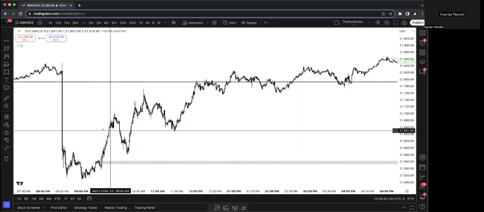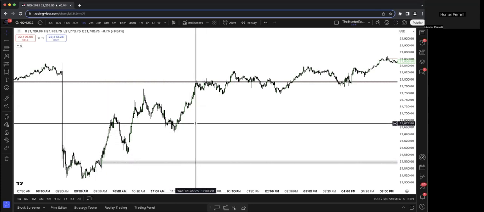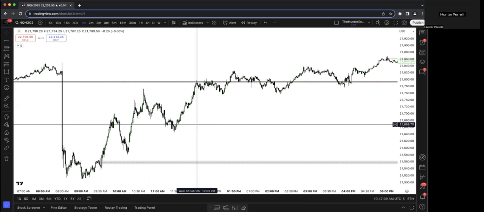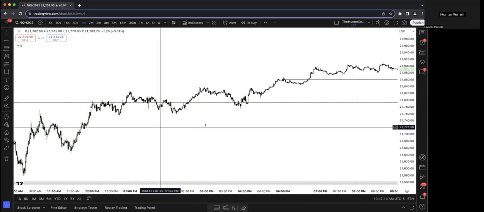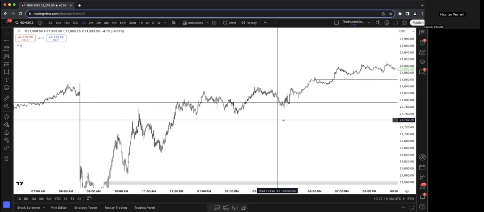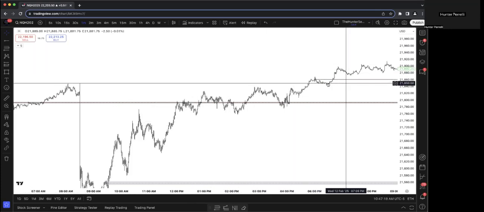I'm well aware it didn't hit into it, but at 9:33, it hits it by 12. So, what is that, 2.5 hours? And then from there, here's 12. It took until almost 5 to hit it.